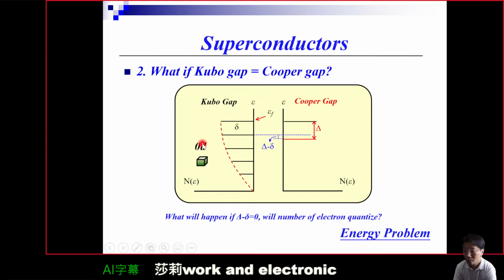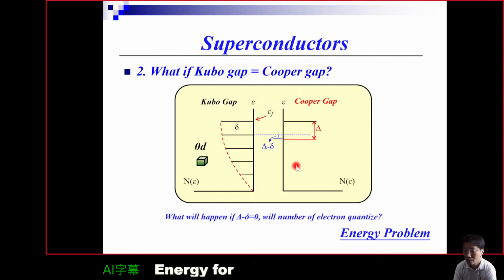But when we reduce the size to a nanoparticle, which we call a zero-dimensional system, then a gap will appear called the Kubo gap. The pronunciation of these two words is very similar, Cooper gap and Kubo gap. And the Kubo gap only allows specified energies for the electron.